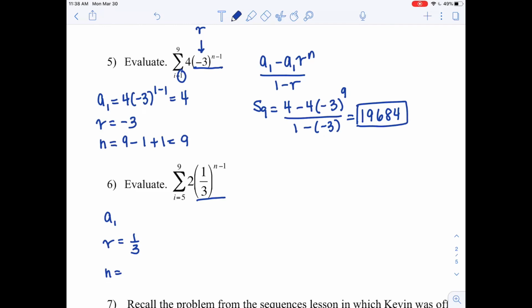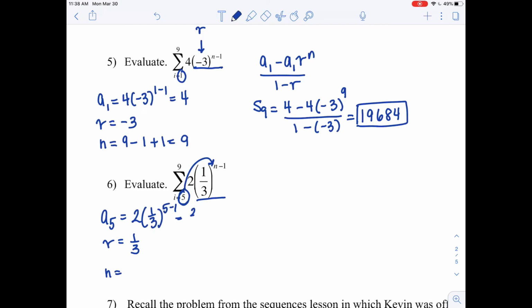If you take a look at question number 6, there are 2 main things I want to point out. A1, which is our first term, and again, if you could see me, I'm doing quotations with my hands around first term. The first term really comes from what you get when you plug in the bottom bound of sigma for n. So my first term's not going to be a1 here. It's actually going to end up being a5. That's your first term.